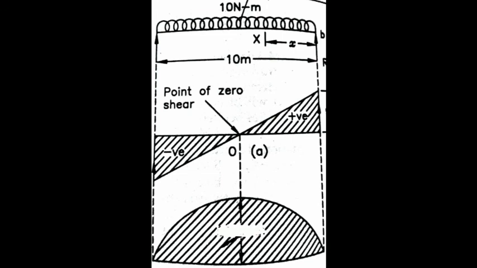That is a very important point. The shear force is 0, but the bending moment is maximum. That means the chance of bending is maximum at the middle of the span, but the shear force is equal to 0.